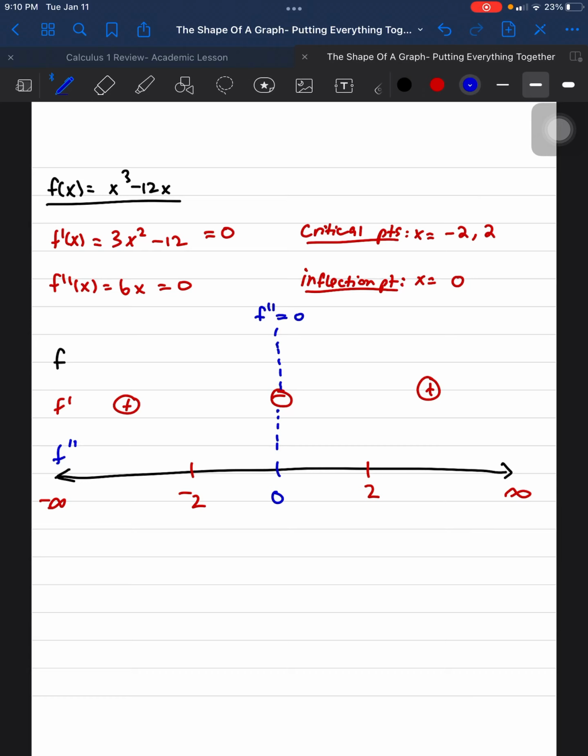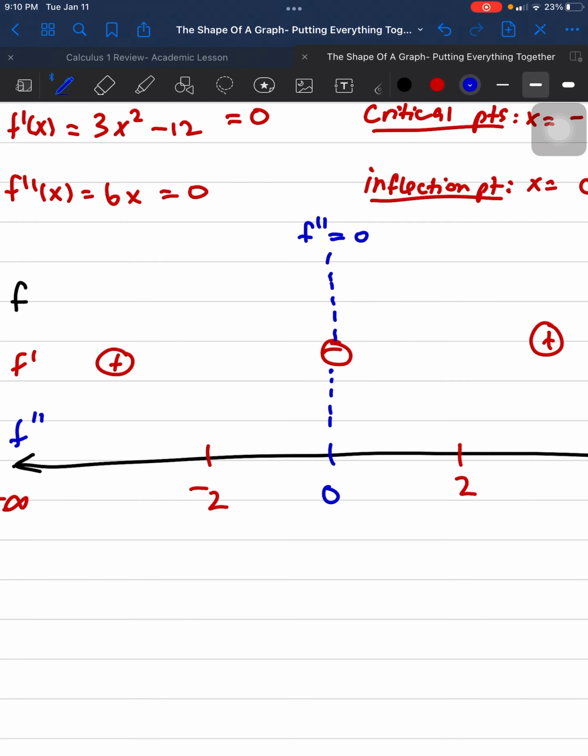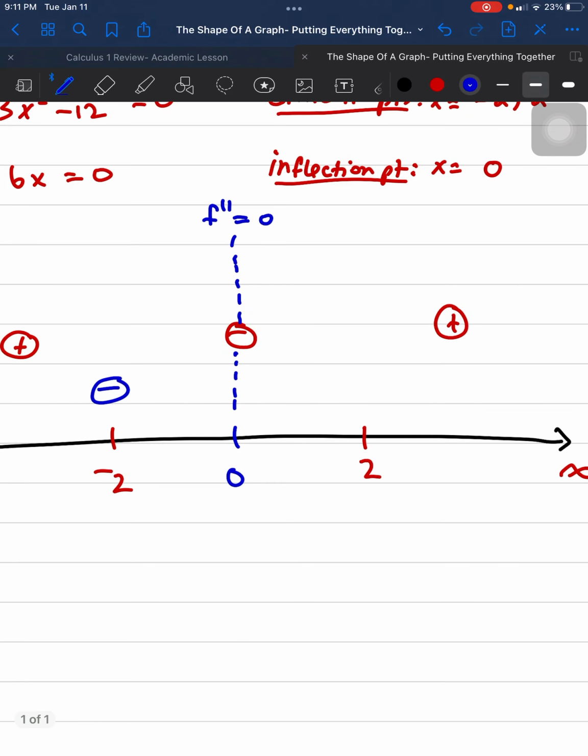So we determined in the previous video on the second derivative test that on the left of this inflection point 0, the second derivative is negative, and on the right of the inflection point, the second derivative is positive.